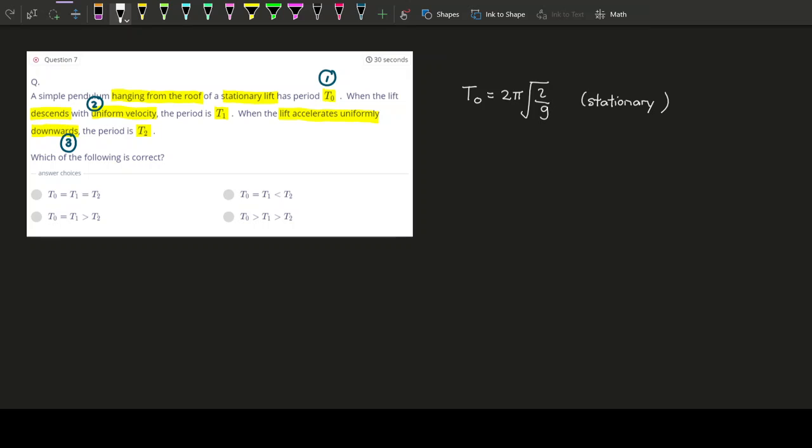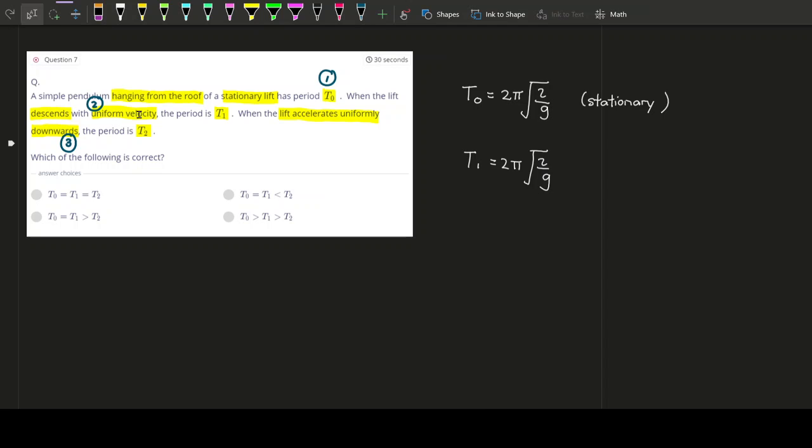Now for case 2, the lift descends with uniform velocity, and the new period is T1. Will it be appropriate for us to continue using this formula now that the ceiling is moving? Well, it depends on how it moves actually. You see here, it says the ceiling is going down. Descend means going down. You can think of the lift, but the main thing is the whole space is going down.